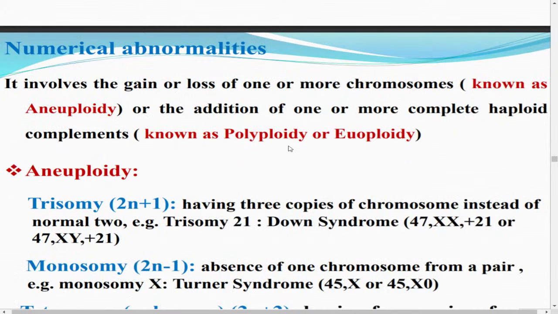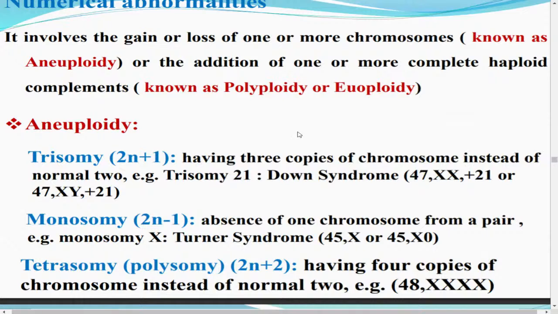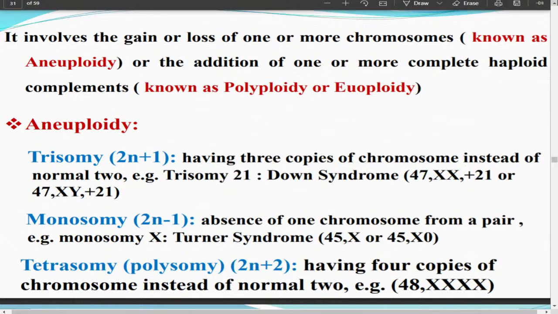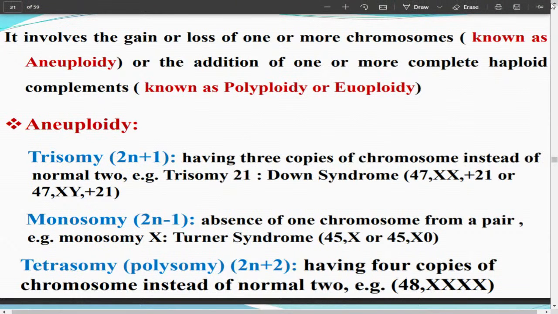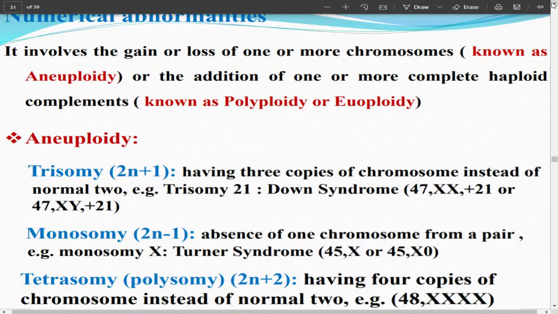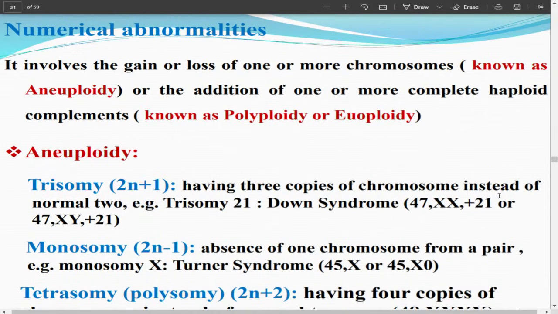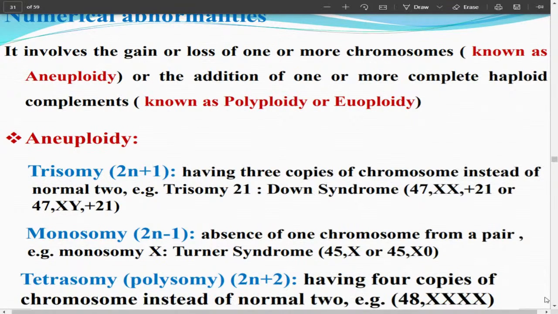Let's see what it is about. Numerical abnormality and structural abnormality.